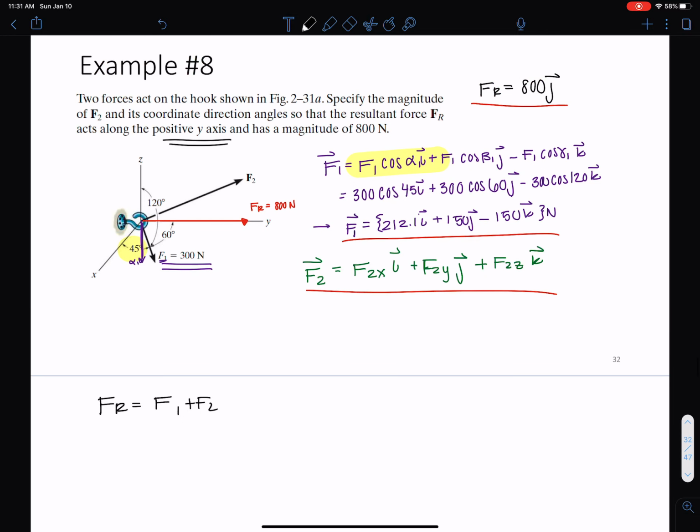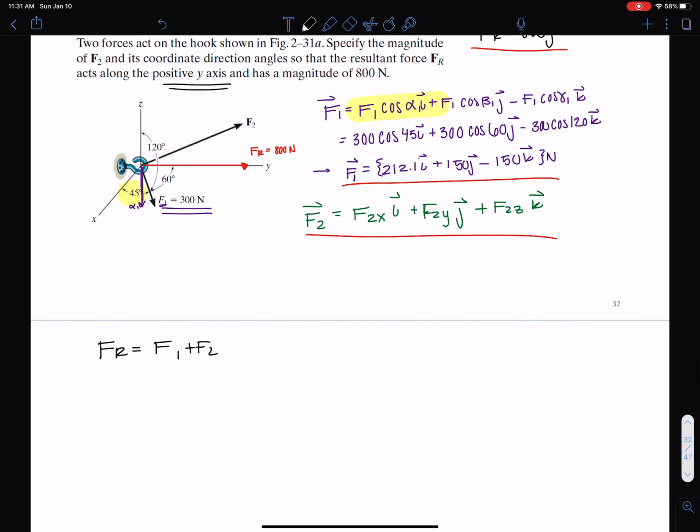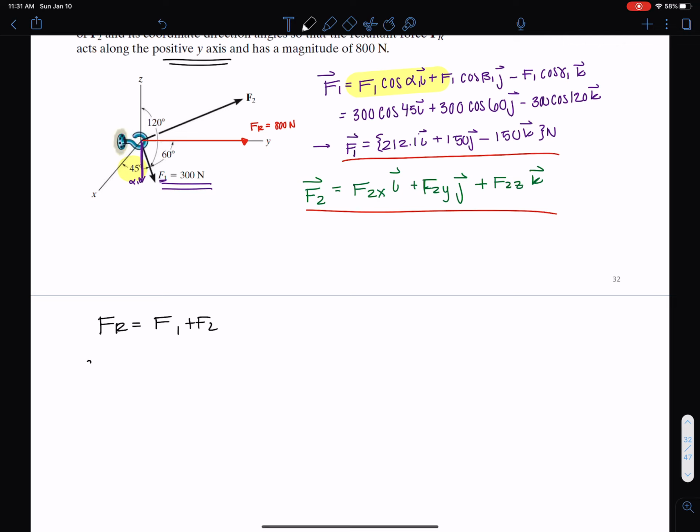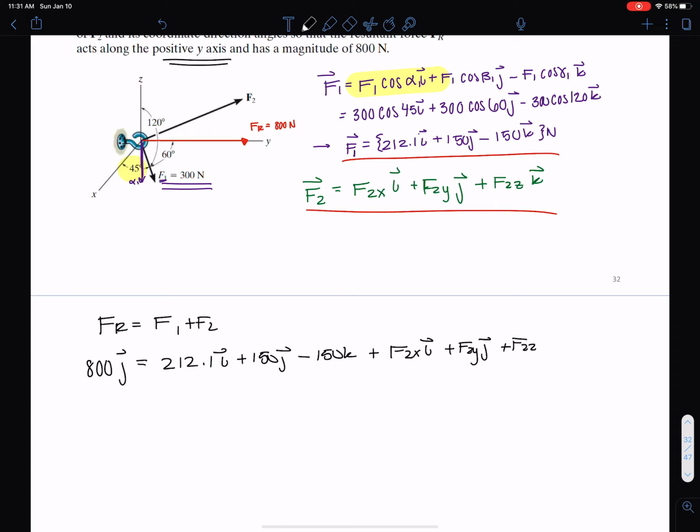So I have those three equations and I'm just going to plug them in here. I know that FR is 800 in the j. I know that F1 is 212.1 in the i plus 150 in the j minus 150 in the k. And I'm going to add in F2x in the i plus F2y in the j plus F2z in the k.